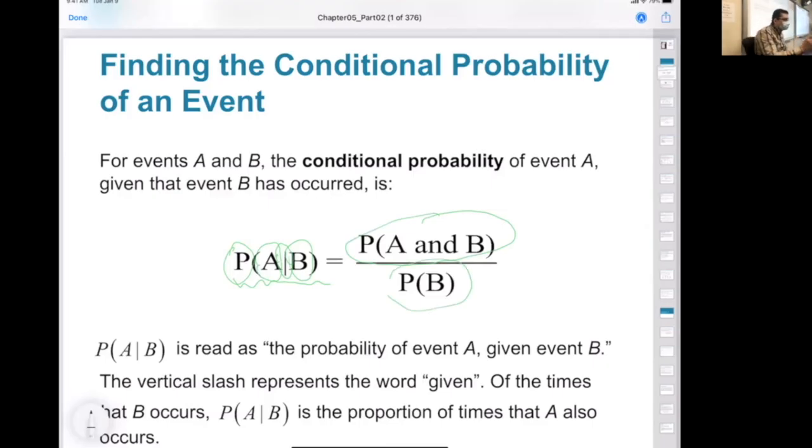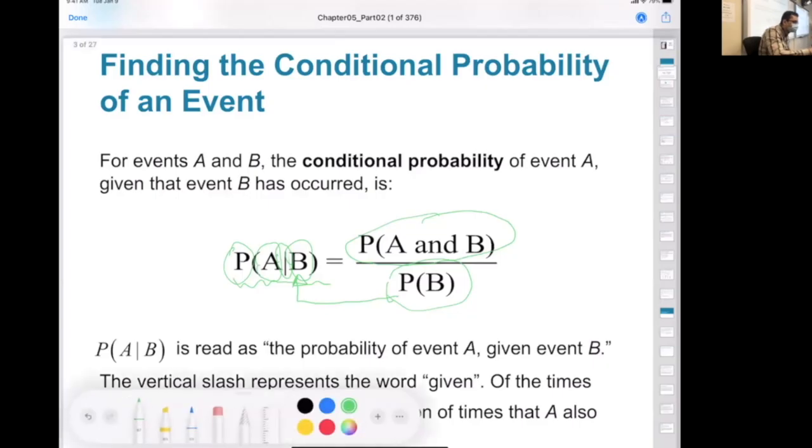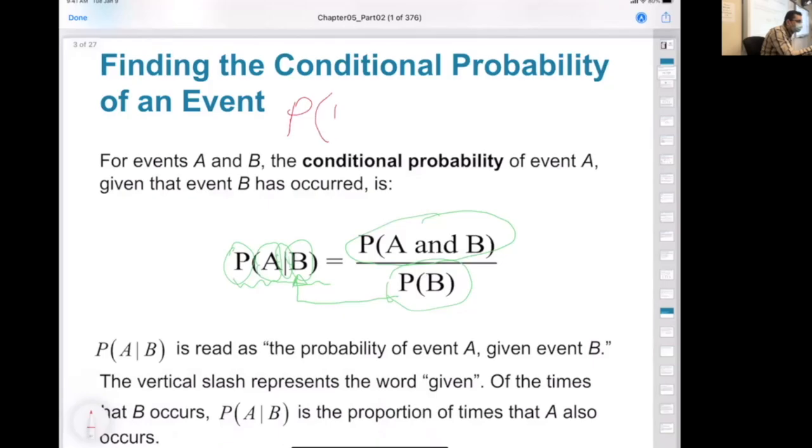Okay? And as you can see here, down here we have what? The probability for the conditional event, the given event. So what that means? That means if we need to find the probability for B given A, the equation now will be, or the rule will be, the probability of, you can see, B and A. Doesn't matter if you say B and A or A and B, because both mean the common events between them.